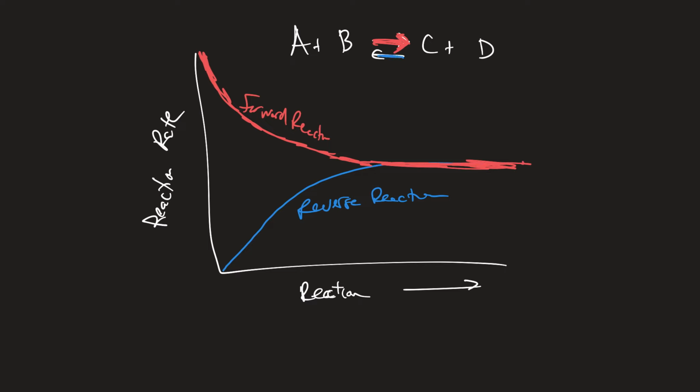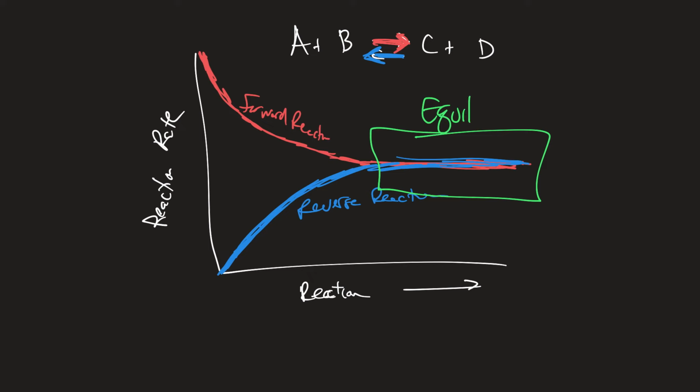In the same way, the reverse reaction is very low in the beginning, because the products don't make reactants as much at first, but over a period of time it increases, and then it stabilizes right around the same place where the forward reaction stabilizes. This area here says that we are at equilibrium. That's the key thing here.